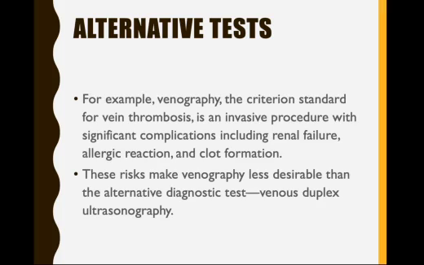So for example, venography, that's a criterion standard test for vein thrombosis, is an invasive procedure with significant complications including renal failure, allergic reaction, and clot formation. And these risks make venography less desirable than the alternative diagnostic test, the venous duplex ultrasonography, or a duplex scan.